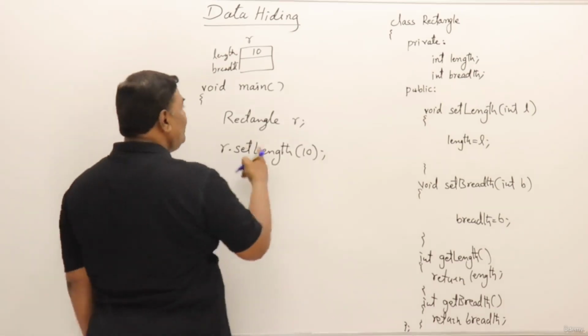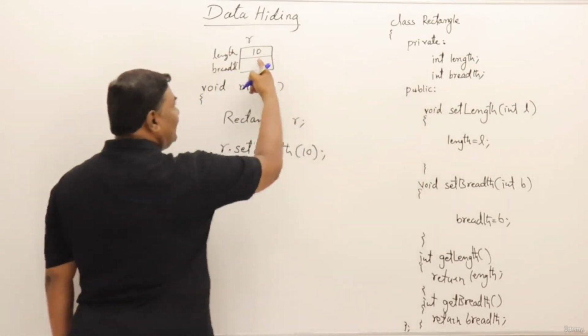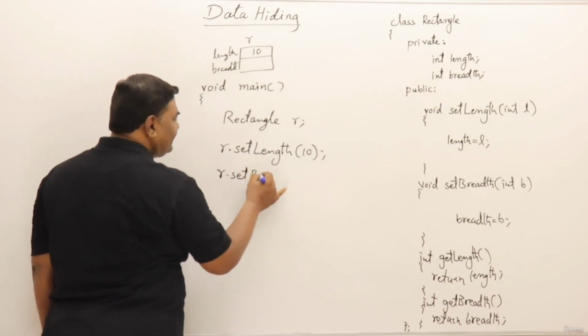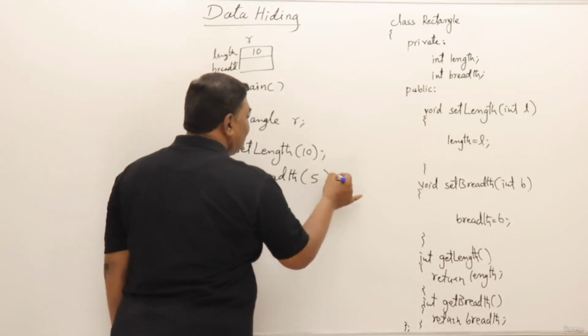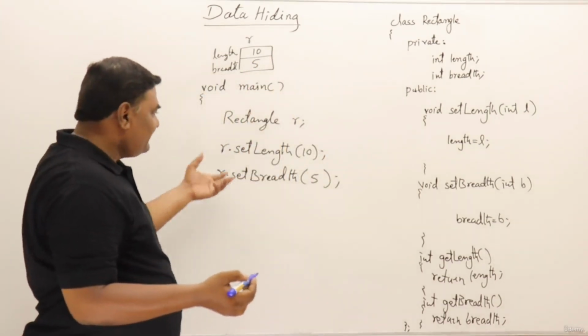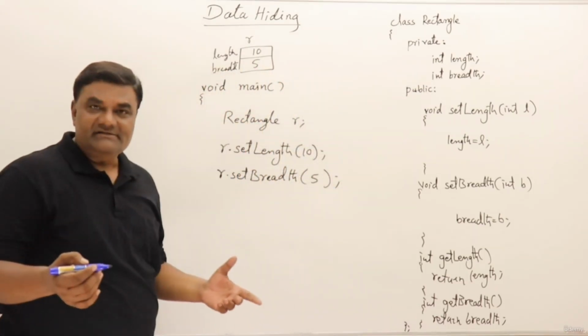Who has done it? I am not doing it directly from the main function, but I am calling this function of a class, so it is doing that. Then r dot setBreadth. Yes, this is good. I can say 5. So 5 is set here. So this is a better way. You call the functions and set the values. This is good practice.